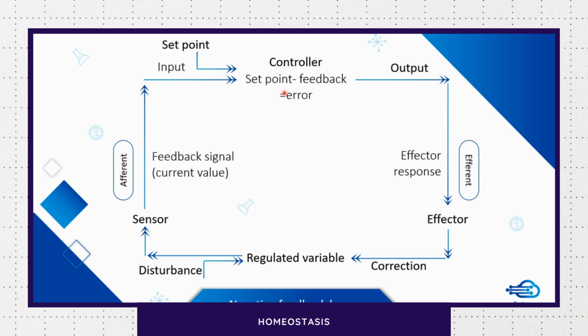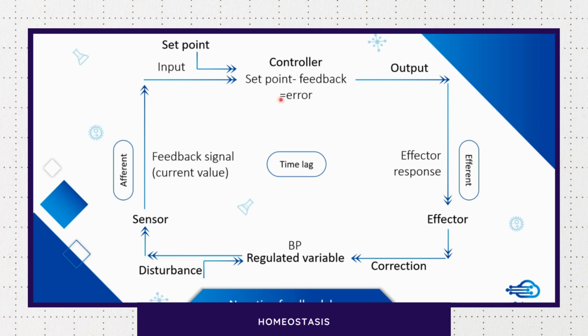Fine. But with this loop, you might have understood that there is a time lag, because the afferents will take some time, no? The time it reaches the controller, then the controller will also take time for generating the error signal, then again there will be output.